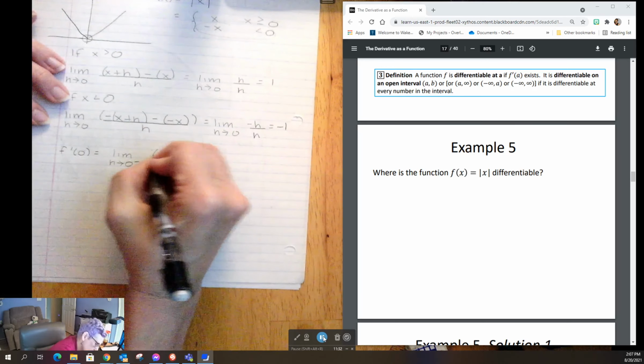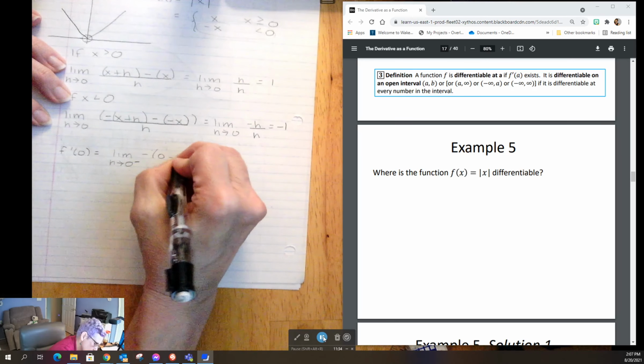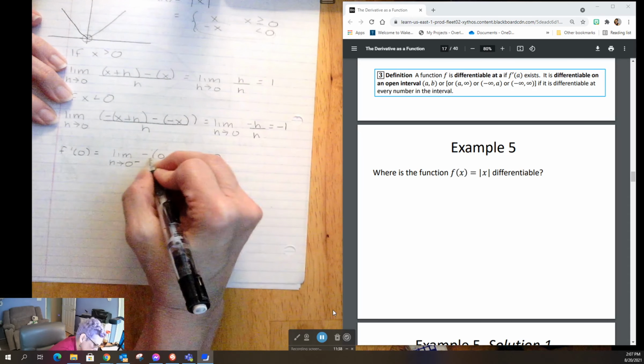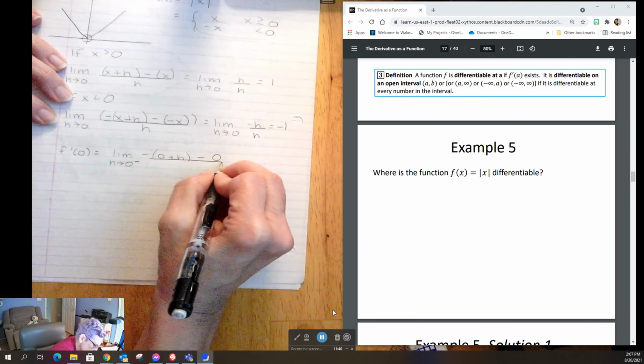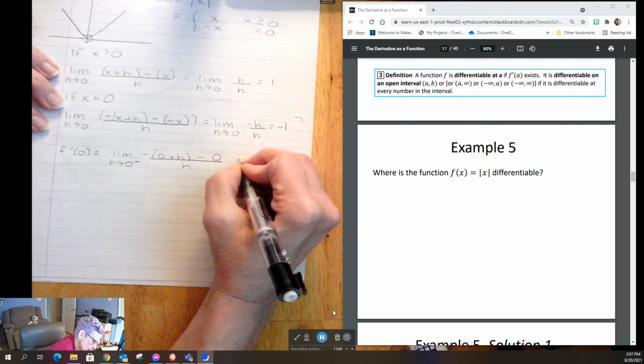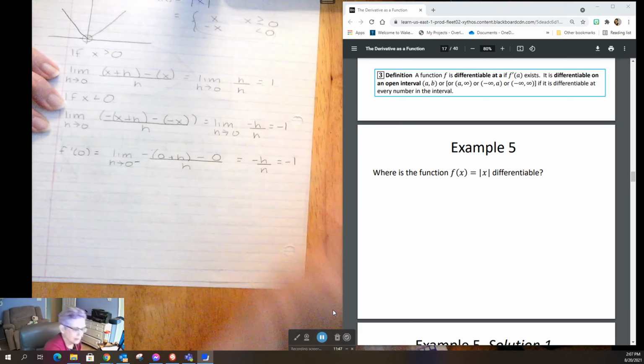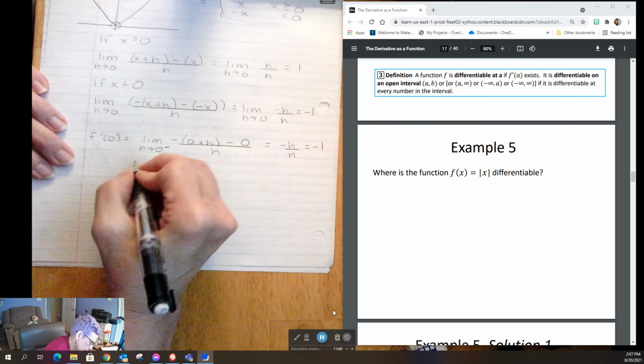So it would be negative 0 plus h, minus 0, over h, which gives me negative h over h, negative 1.